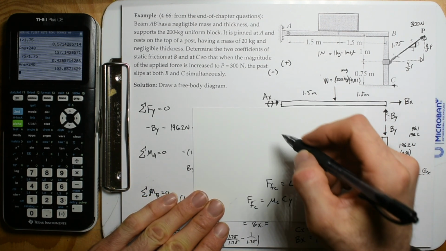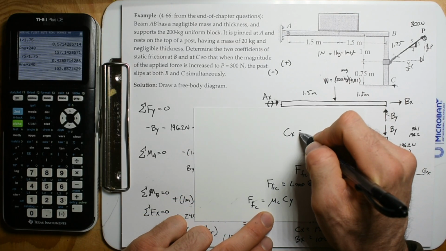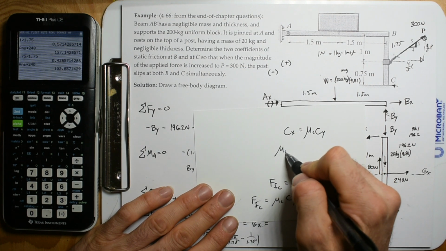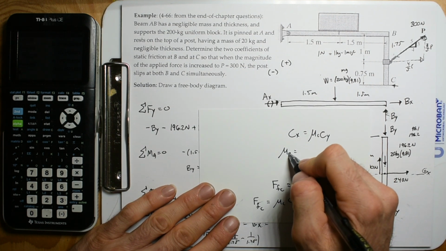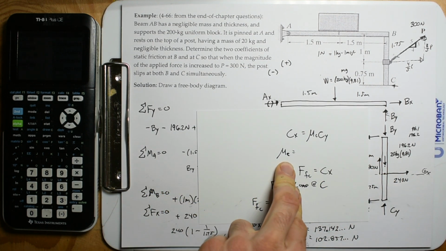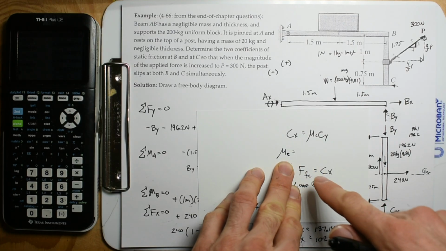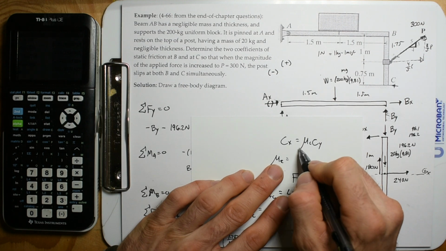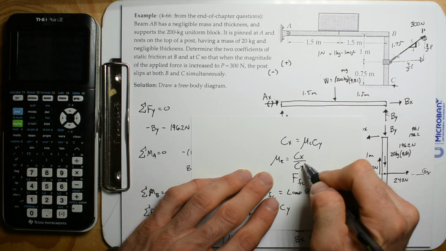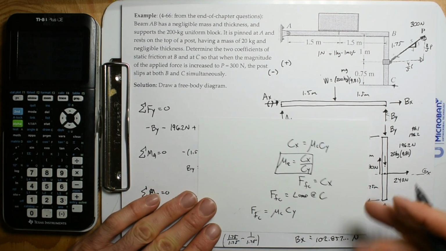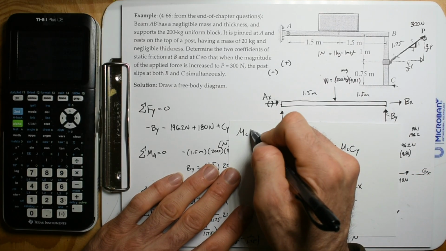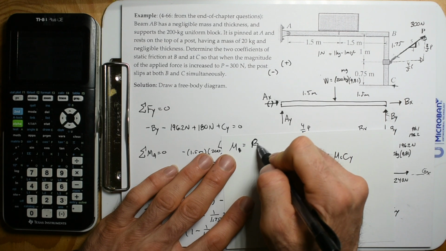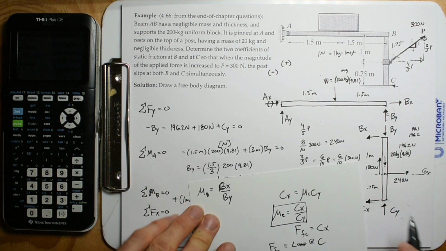So right here we have Cx is equal to mu C times Cy. And if we solve for the coefficient of static friction at C, we're going to have Cx divided by Cy. And if we do the same thing at B, the coefficient of static friction at B is Bx divided by By.